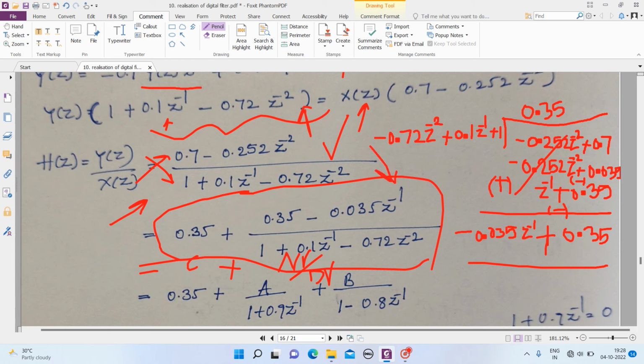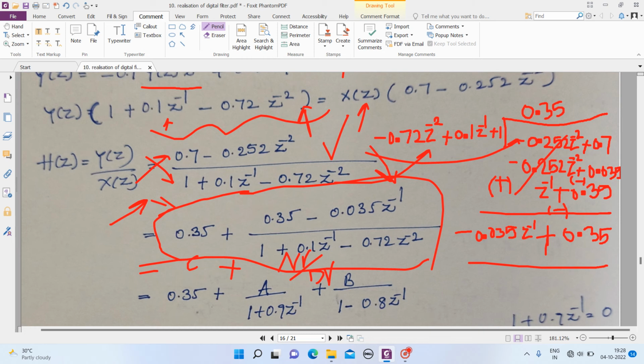See here, the numerator equation we have to consider here, and the denominator equation we have to consider here. This is the first step in converting from this equation into this equation.